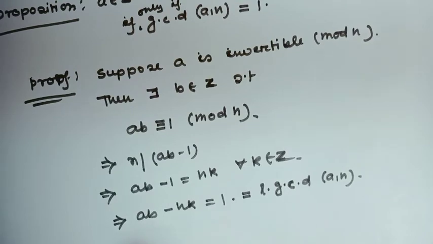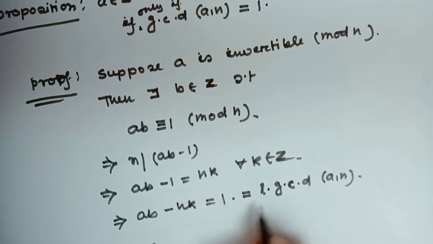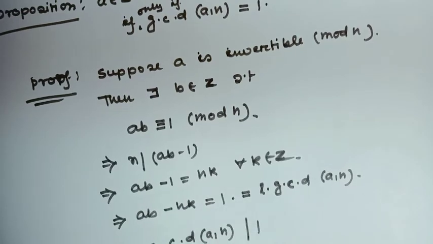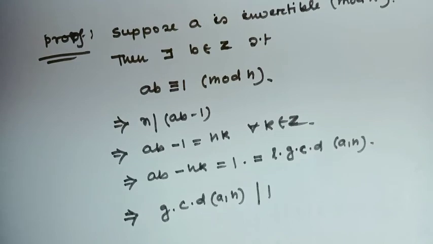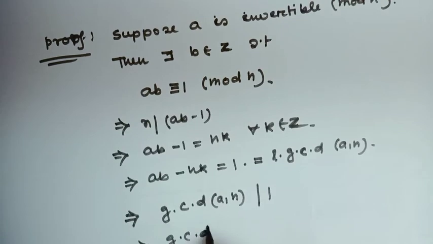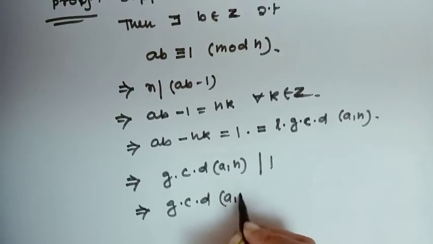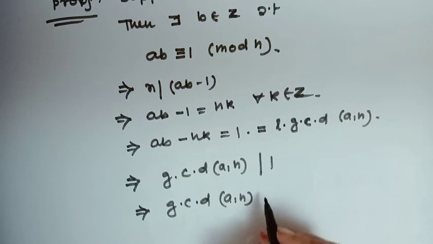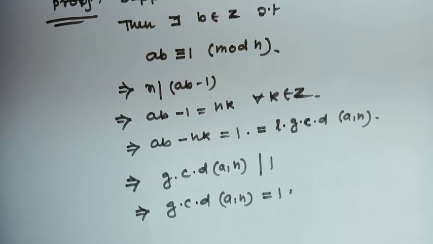From this line, the GCD of a and n must divide 1. That implies the GCD of a and n must be equal to 1. And this is our proof.